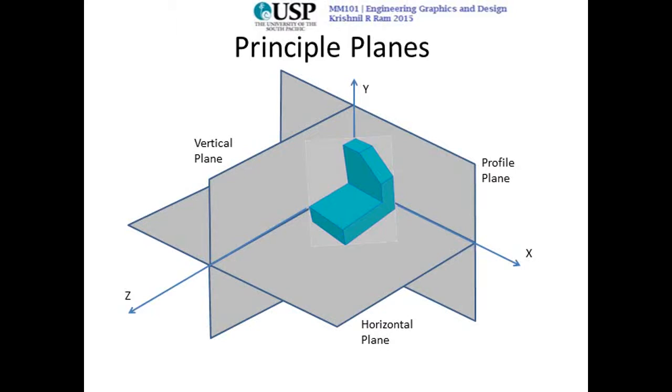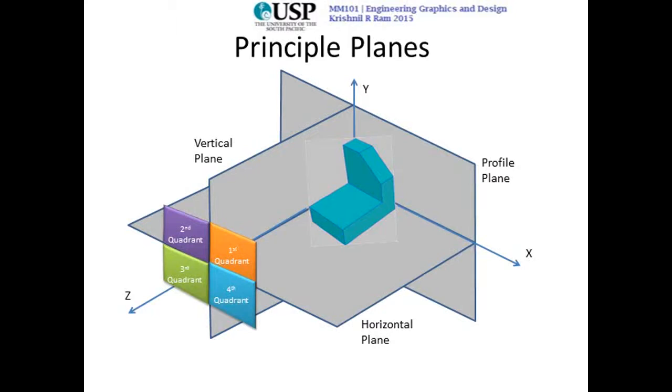Now, once the horizontal and the vertical planes cross each other, the space is divided into 4 portions. Namely, we have the first quadrant, the second quadrant, third quadrant, and the fourth quadrant. This is very, very important.